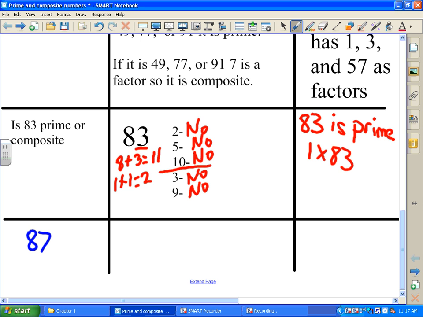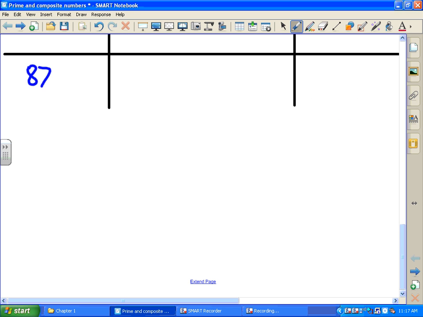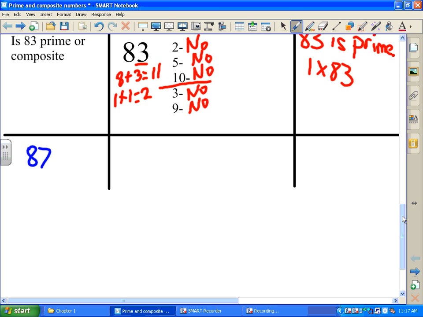So the first thing I'm going to do, if I'm looking at the number 87, I'm going to say, okay, 2, 5, 10, then I'm going to do 3, 9. Now I'm looking at 87. The ones digit is 7. So is it even?